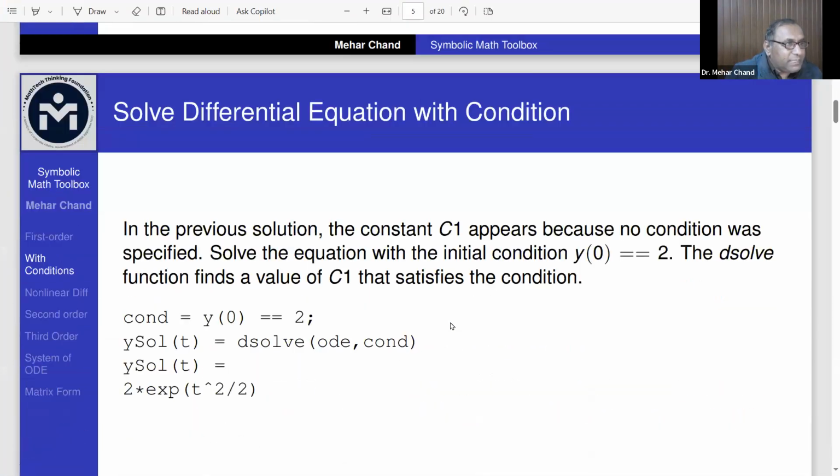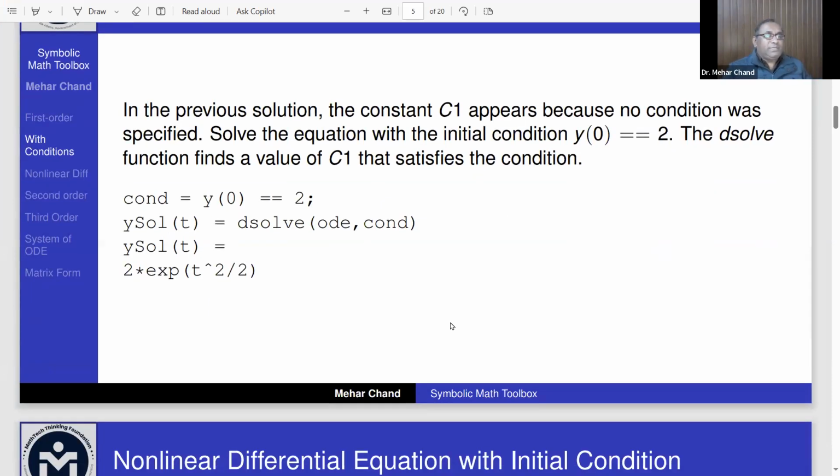So now come to the next example. If you have the boundary condition or the initial condition, you can apply the same. Suppose the initial condition is y0 equal to 2. When x is 0, the value of y is 2. This is the initial condition, and you can store this. This is the statement to store this condition.